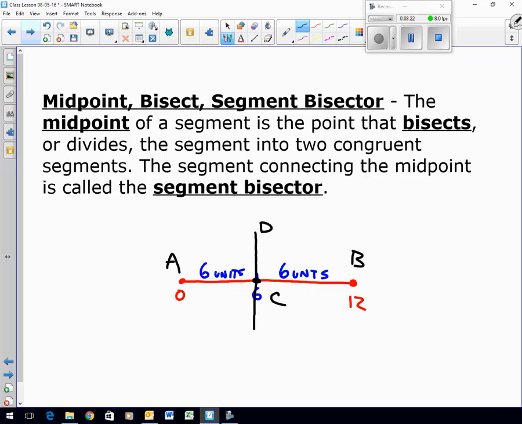So if I said DCE, and I knew that C was the midpoint, that means DCE is the segment bisector of ACB. All right?